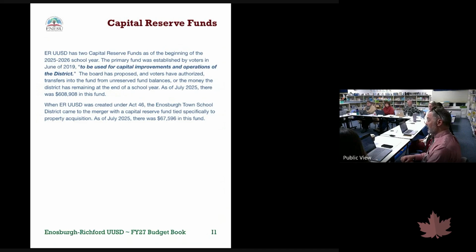My assumption, my hope, is that if we find ourselves 3 years from now in a Franklin County district, the method that gets us there would acknowledge that the capital reserve funds that Enosburg-Richford is bringing, by the voters of this district, were tied to the 5 buildings that we control.